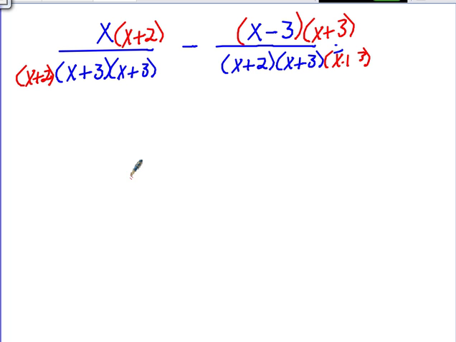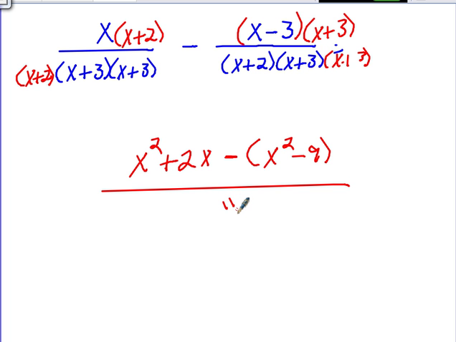In order to subtract, x times x, x times 2, you got to pull that out. My only other word of advice, make sure it's minus the whole thing. And that's conjugates. We like multiplying conjugates. Multiply the first, multiply the last. Over the same bottom, so we don't have to rewrite it.